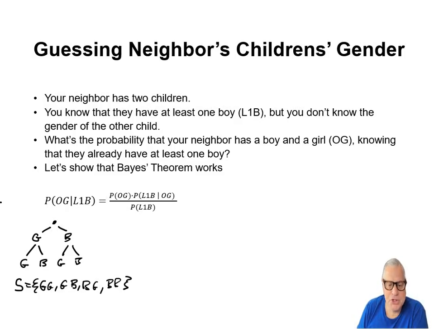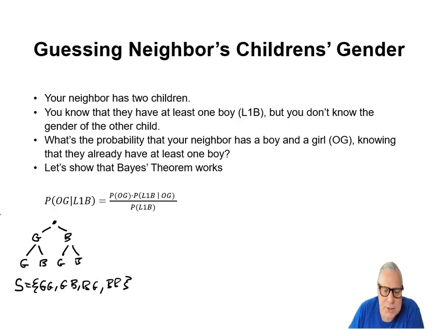Well, if the question were what's the probability that your neighbor has a girl and a boy, it would be 2, girl boy and boy girl, out of the 4 possible ways of having two children, because it rules out girl girl and boy boy. So it's 2 over 4, 1/2. But our relevant set is not the 4, because we can already rule out that your neighbor has 2 girls.